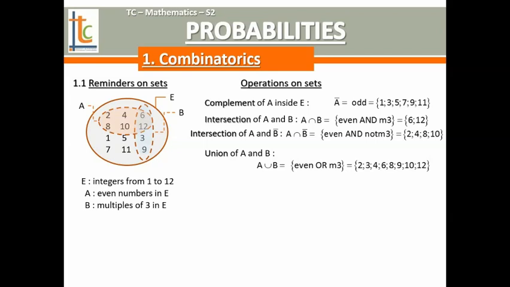If you want an element to belong to A union B, this element has to belong to A or to B. And it's not an exclusive OR. It's an inclusive OR. It could belong to both sets A and B. It doesn't matter. The fact is that it has to belong to at least one of both.